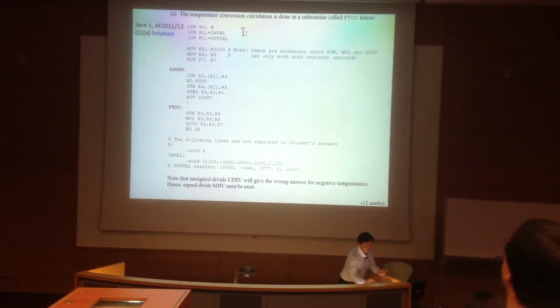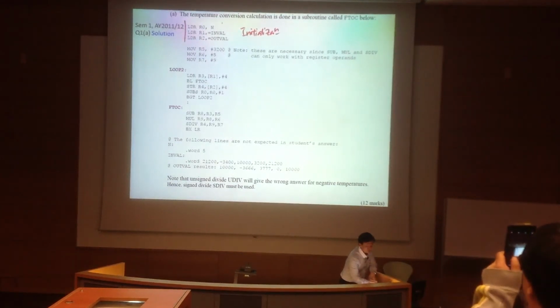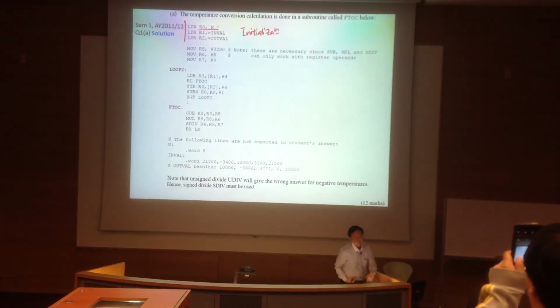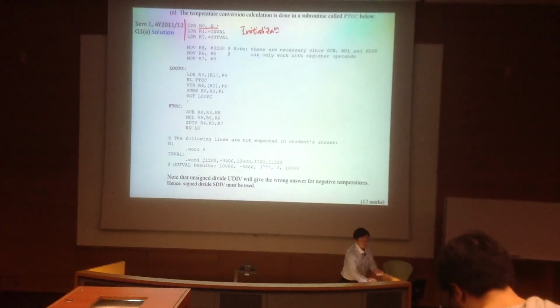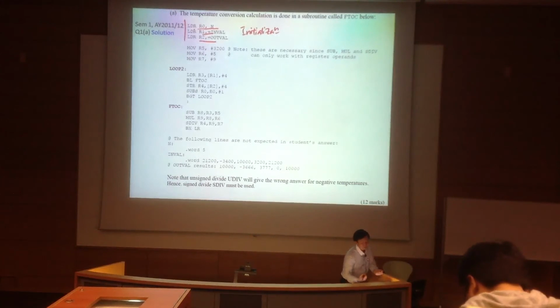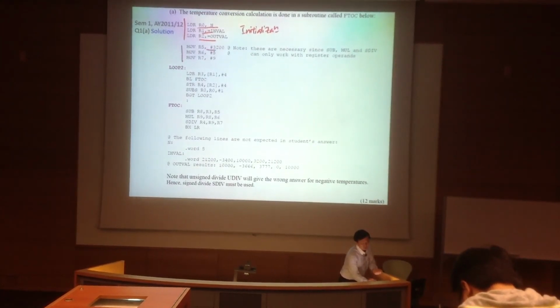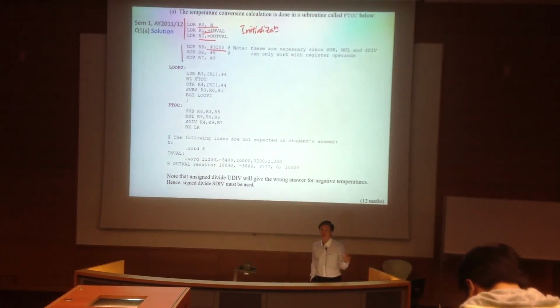So this is the initialization part. Usually involves some PC relative addressing and also some pseudo instruction load to get it into some registers that you can work with. Then after that, I also need to get additional things ready. Because I'm going to subtract 3200, so I get ready.